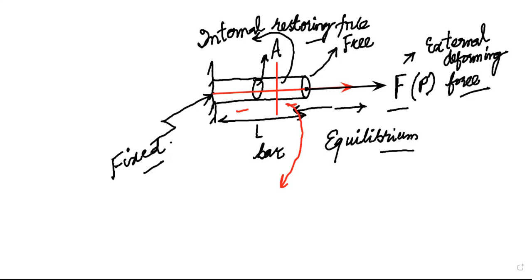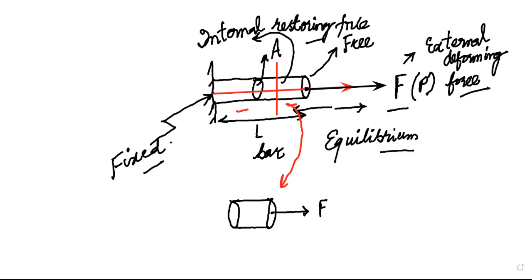Let me isolate this portion. As I isolate it, this portion comes out as a piece like this. It will have force F or load P acting in this direction.